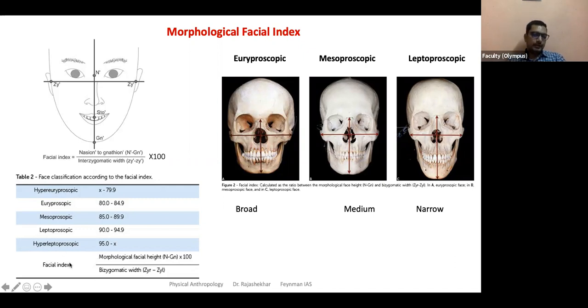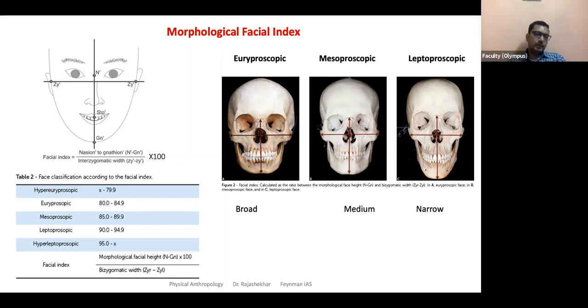Based on that, if this is a broad face, it is called Euryprosopic. Broad means Eury, medium means Meso, and lean or thin means Lepto. Always remember, Lepto is a common word that we have. Lepto means thin. Leptoprosopic means thin faces. Mesoprosopic, medium faces. Euryprosopic, broader faces.